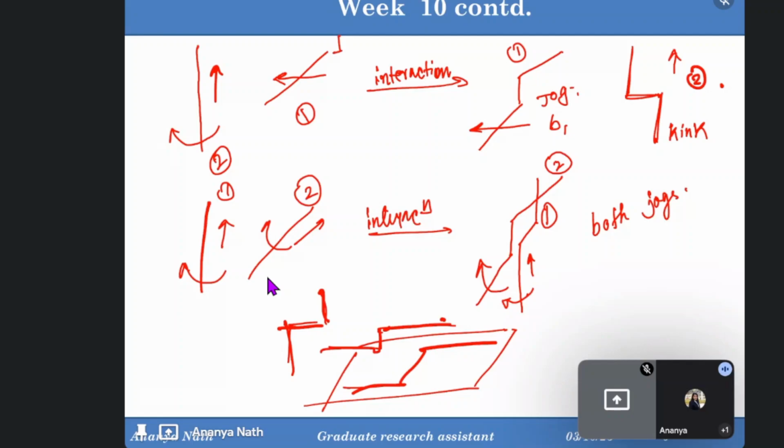In the second case, where two screw dislocations are interacting with each other, both the types are jogs, because here there is not a 90-degree line, meaning the plane has been changed. Here also it's not a 90-degree line with this, meaning the plane has been changed. This is why both are jogs.